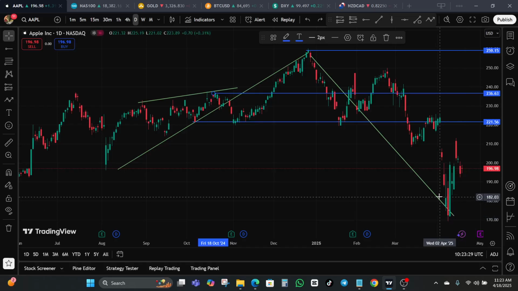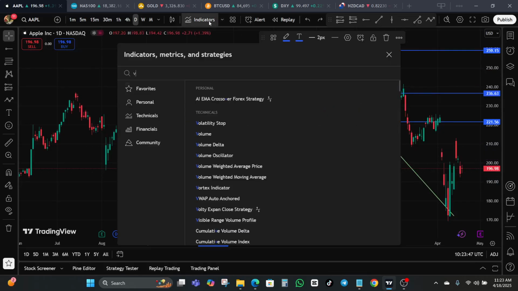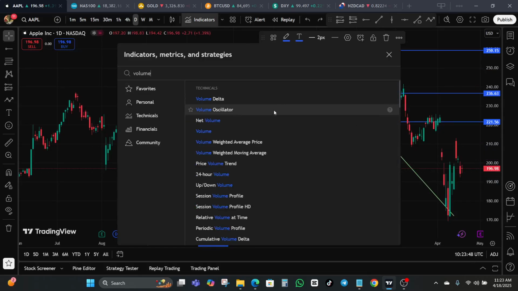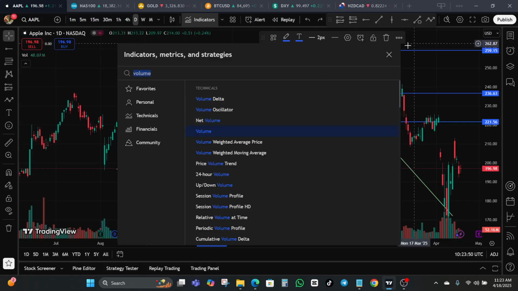So these price structure shifts are your first warning signs. Candlestick formations like double tops, double bottoms, engulfing patterns, or pin bars add weight to the idea that a reversal might be underway. The next is volume. A reversal pattern backed by strong volume is much more trustworthy. So you can decide to add volume indicators to the chart.